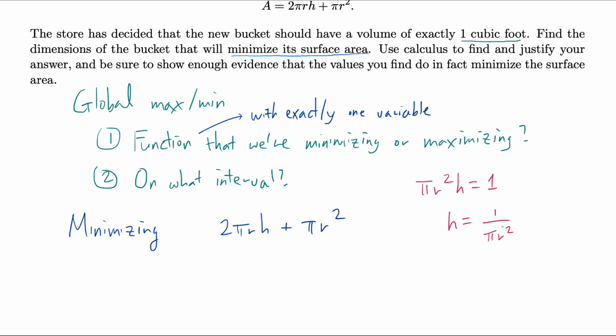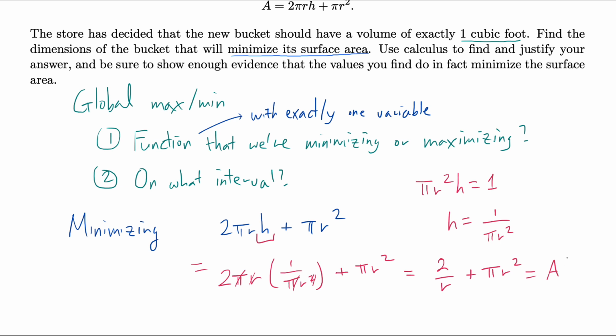So h is 1 over pi r squared, so I can now plug it into h right here. When I plug this into h, now h disappears and everything is in terms of r. So it's 2 pi r times 1 over pi r squared plus pi r squared. I guess you can simplify this a little: the pi's cancel out, r and r squared cancel out a little bit to leave just 1 r in the denominator. So we get 2 over r plus pi r squared. And now we see that this function has exactly 1 variable, r.